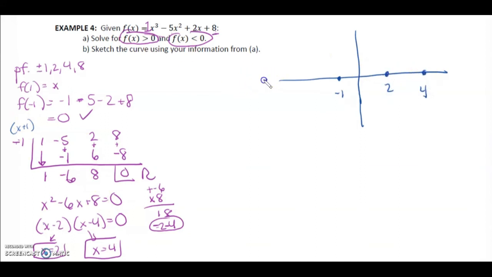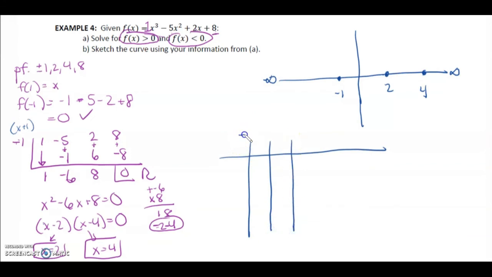And then I'm going to use -infinity and infinity so that we have this number line. And this number line is going to correspond with the tops of the chart. So -infinity to -1 is going to be one interval. -1 to 2 is going to be another interval. 2 to 4 is going to be another interval. 4 to infinity is going to be another interval.